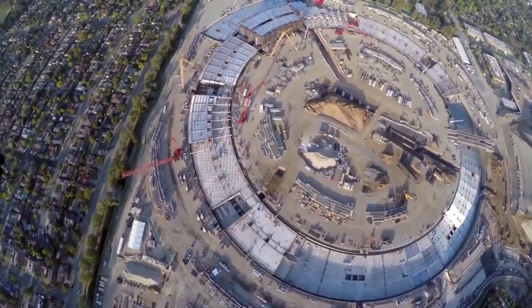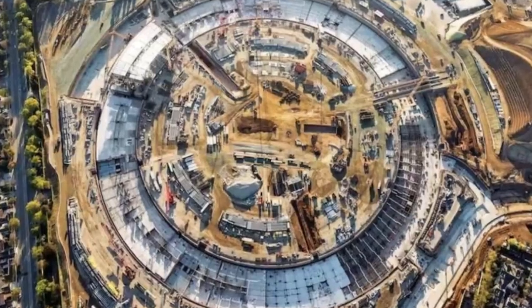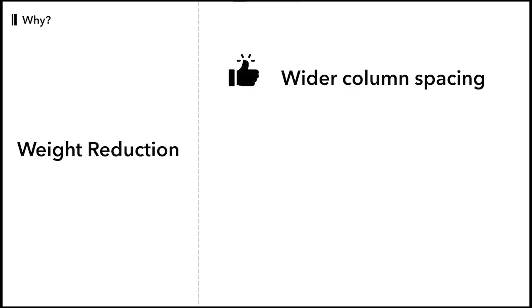Compared to a regular slab, the void slab has a lighter weight. By reducing the weight of the slab itself, these void slabs allowed for wider column spacing and improved seismic performance by providing better resistance to horizontal loads.